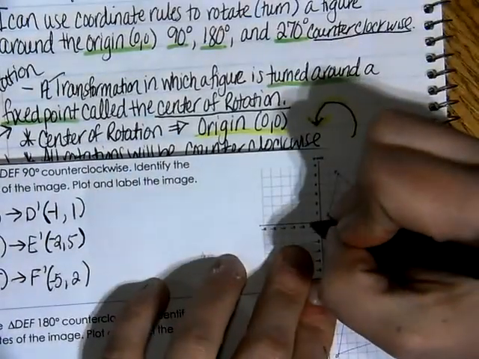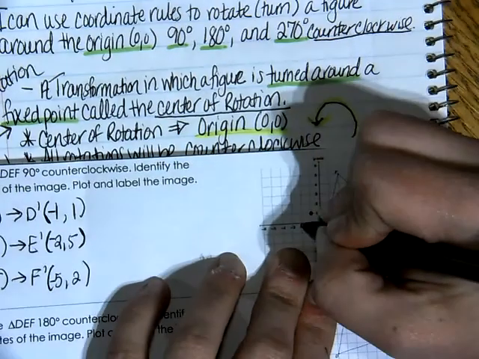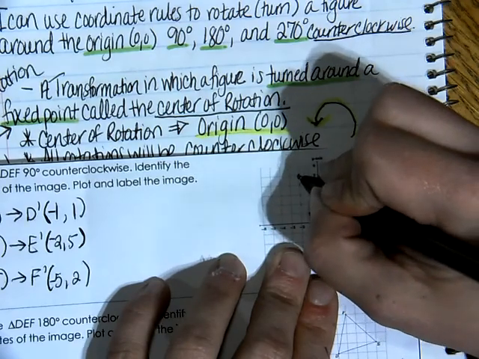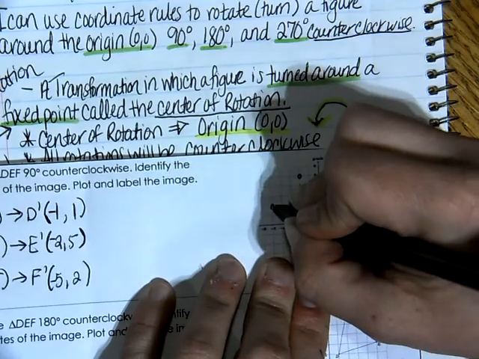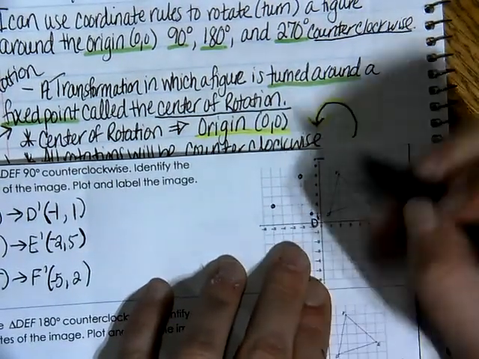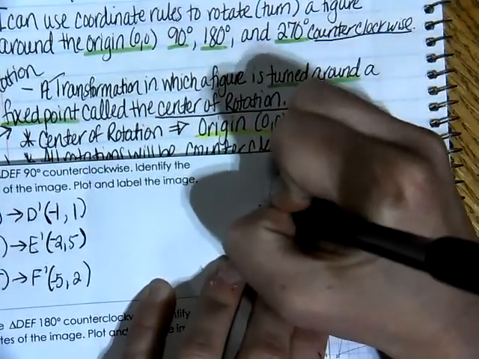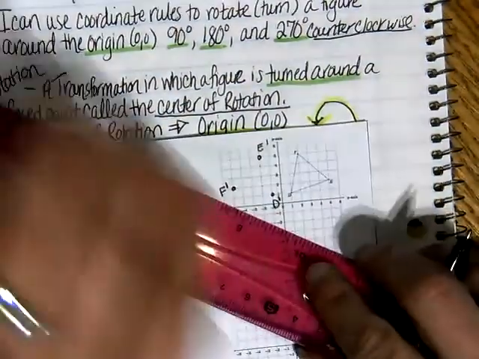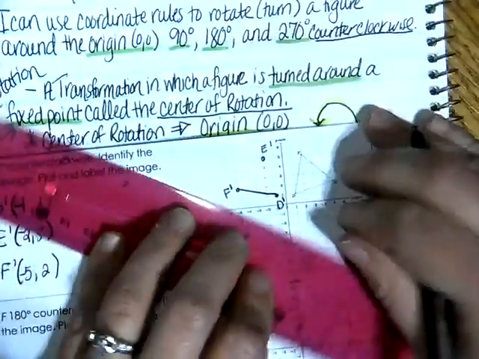So here is -1, 1, -2, 5, and -5, 2. This down here was D prime, here was E prime, and F prime. We always plot our points, we always label our points, and now I'm going to use a straight edge to draw my triangle.